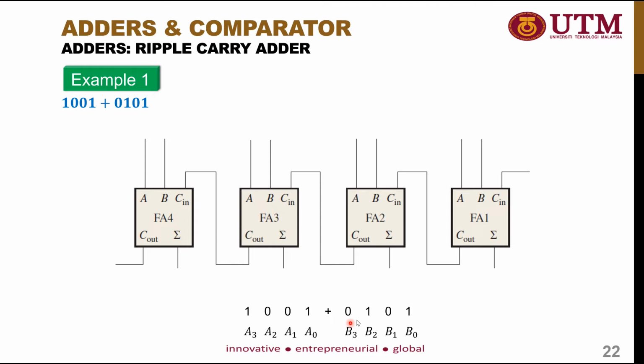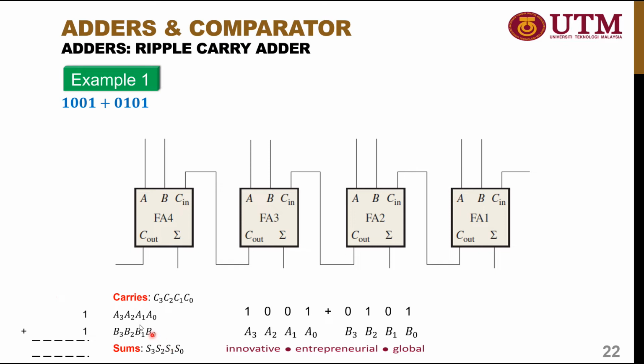For the second category, the MSB part will represent B3, and the LSB part will represent B0. You see here, this is the conventional addition operation that we can see for the binary number, which consists of the carries, input A, input B, and also the sums.